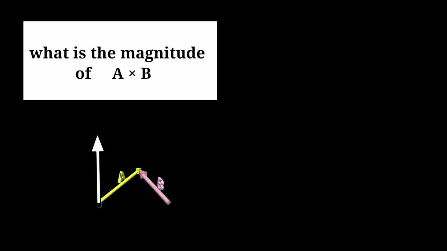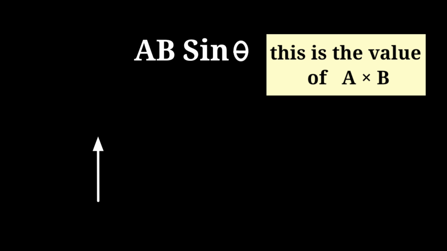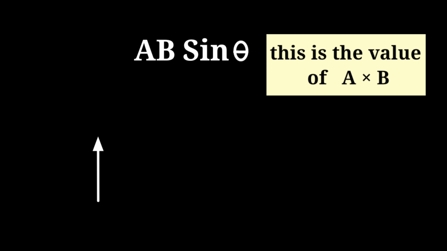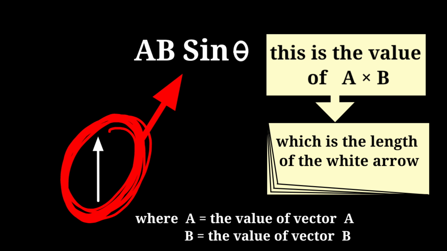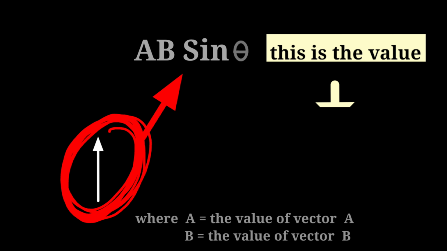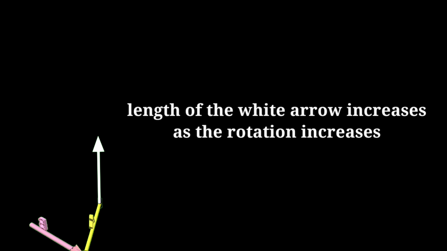But what is the magnitude of A cross B? AB sine theta is the value of A cross B, which is the length of the white arrow. The length of the white arrow increases as the rotation increases.